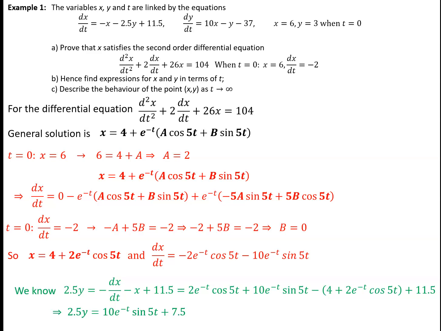In other words, we have y is equal to 3 plus 4e to the minus t sin 5t. So we've now found expressions for x and y in terms of t.